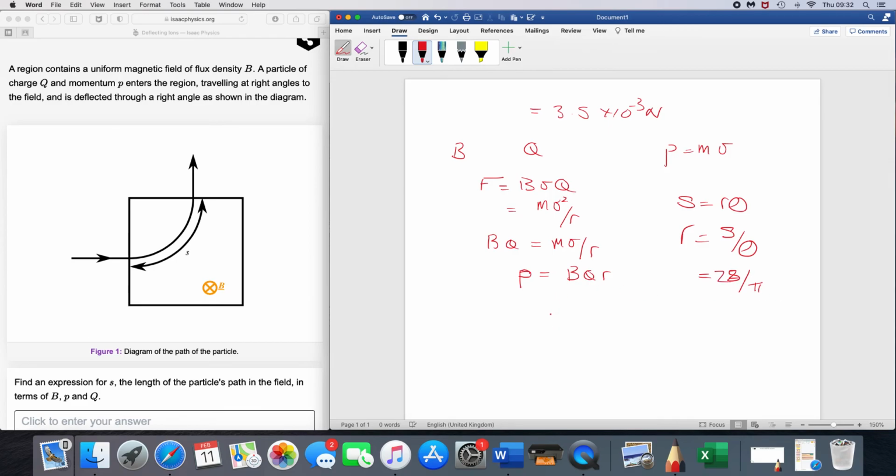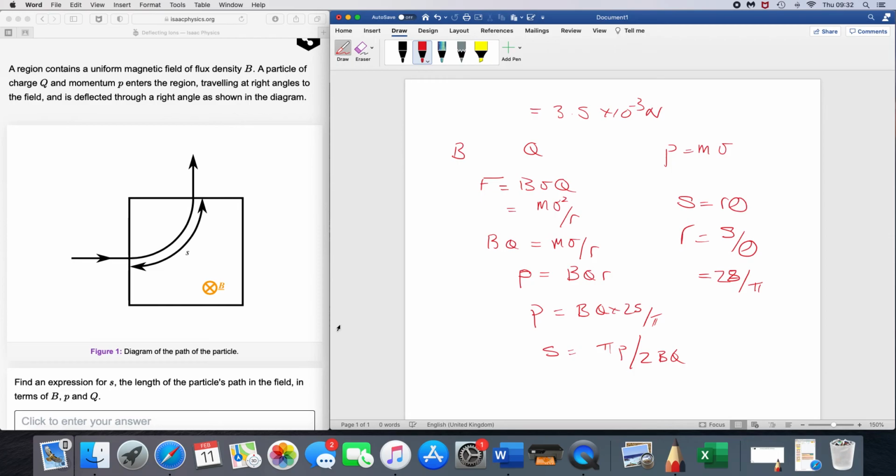So let's put that in there then. P is BQ times 2s over pi. If we then make S the subject, because we're asked for an expression for S, S then is pi times P over 2 BQ.